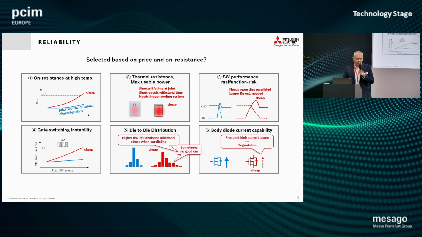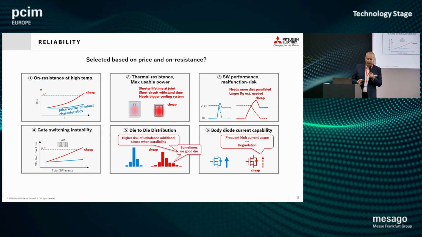We shall talk about RB-SOI. We shall talk about robustness of switching SOI. That will be reflected in the selection of RG: how small RG will be, and how fast we will turn off the MOSFET. Number 4, gate switching instability. We're talking here about the shifting of characteristics of the silicon carbide MOSFET, like threshold voltage and RDS-on.